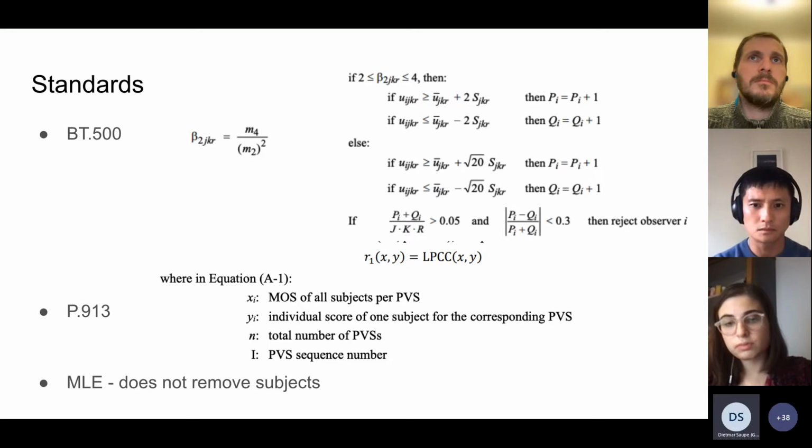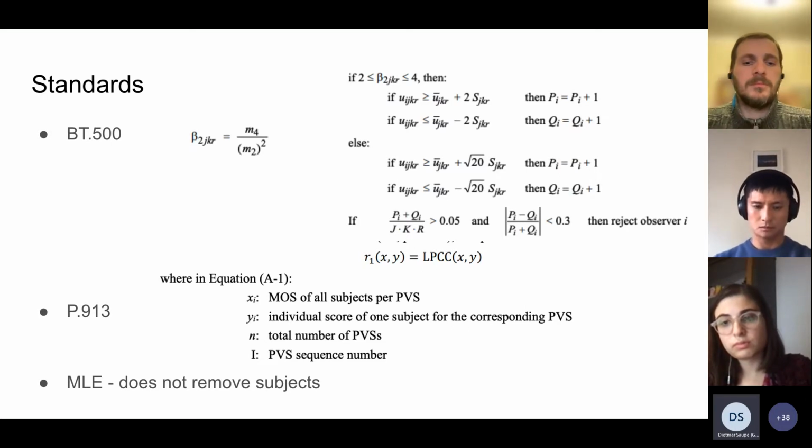One solution to make this robust is to iterate this procedure. Once you have removed your outliers according to BT500 or P913, recalculate your statistics from the good candidates that are still there, and then re-identify outliers from the whole set.